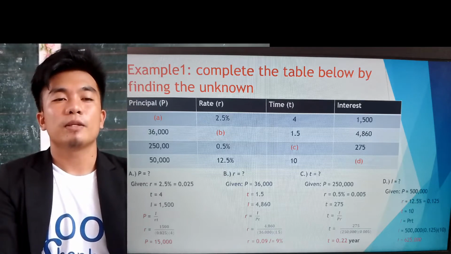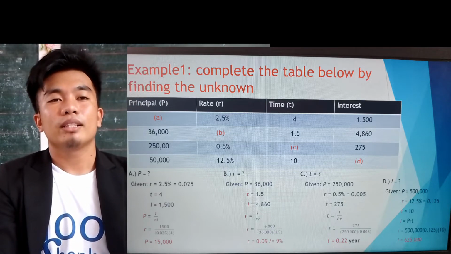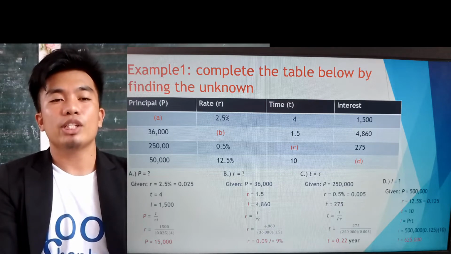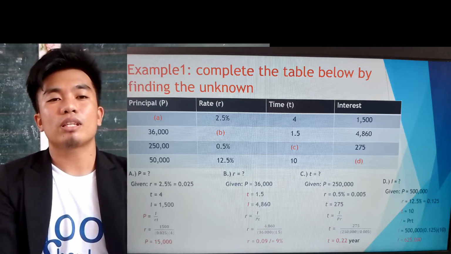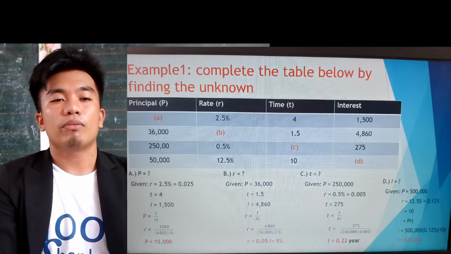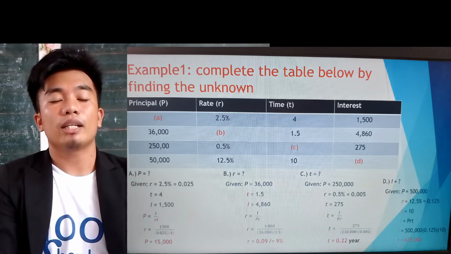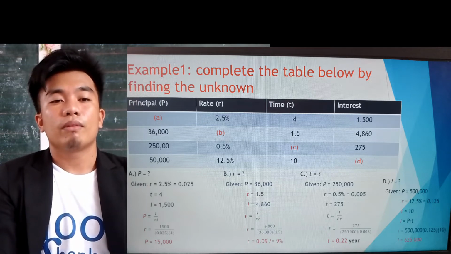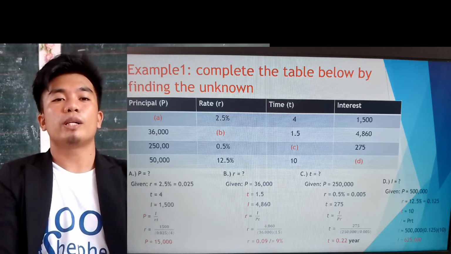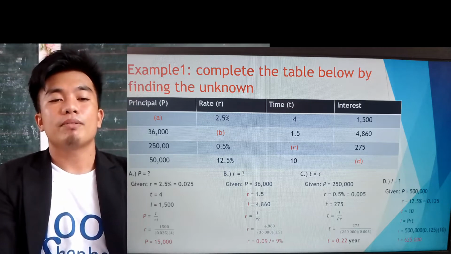For the second, B, we can find the rate. The given is our principal 36,000, our time 1.5, and our interest 4,860. The formula we can use to find the rate is rate equals interest over principal times time.